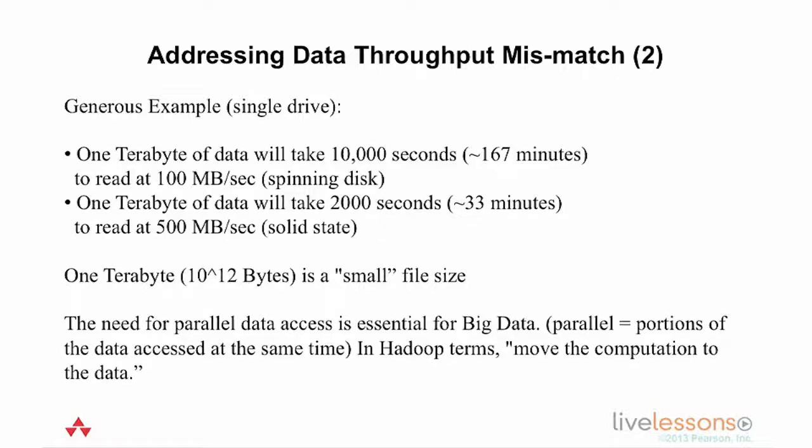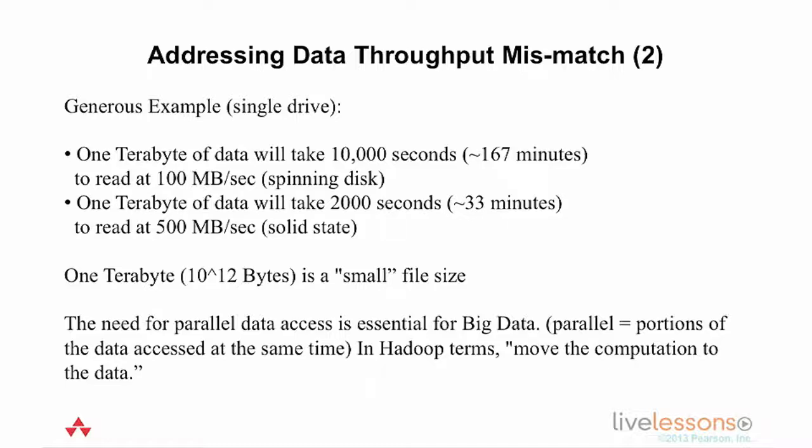So even if your small files on your best day take 33 minutes to read through, and you need to do some analysis very quickly on several of these size files, you can see how this mismatch is really going to slow things down. Now, of course, there's things we can do with RAID and adding more I/O controllers and things of that nature, but essentially we're going to hit some sort of bottleneck on a single storage device.